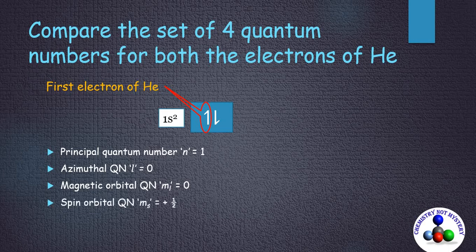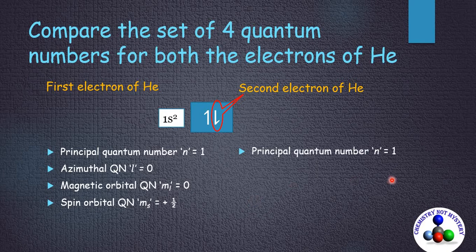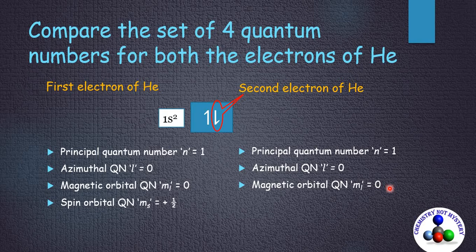Now spot the second electron of helium. Principal quantum number will be 1, azimuthal quantum number will be 0, magnetic quantum number also will be 0, and spin quantum number will be -½ because the second electron is the paired one.